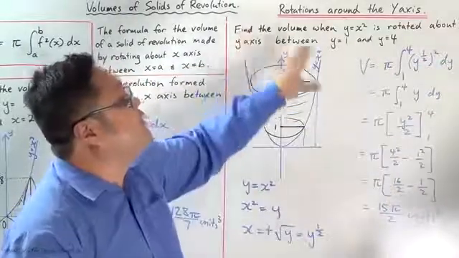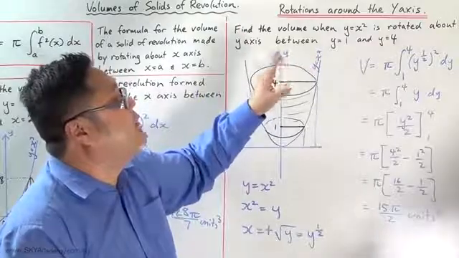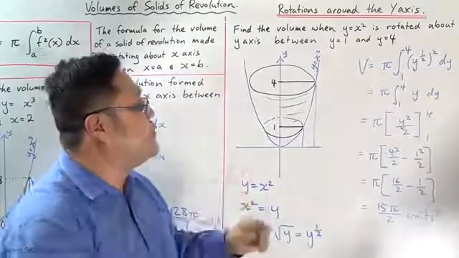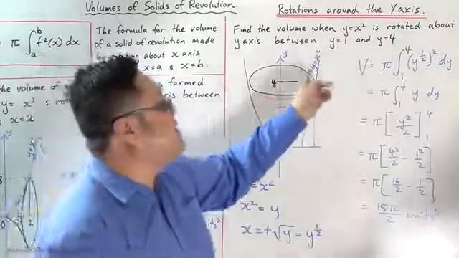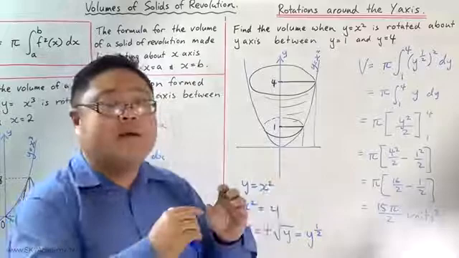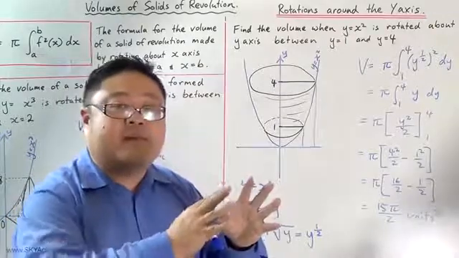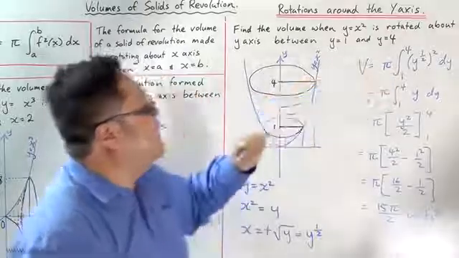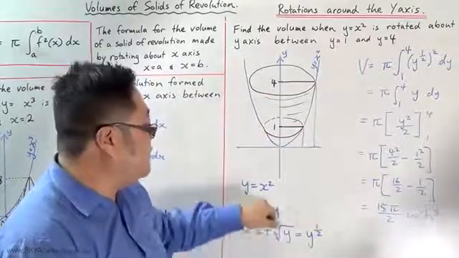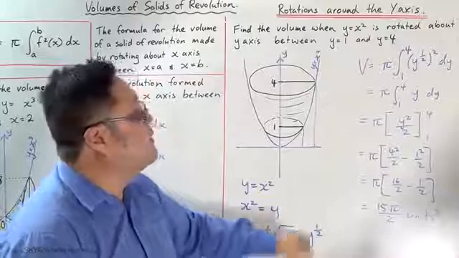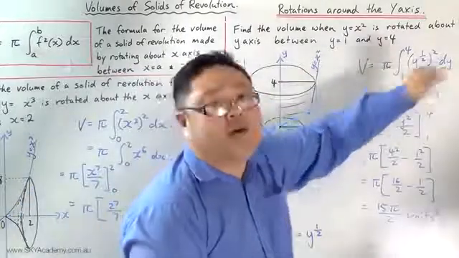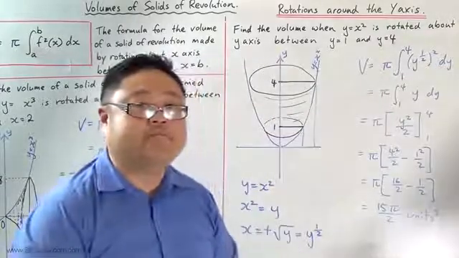And when you're rotating around the y-axis, the other thing to remember is you need to express that function making x the subject of the formula in terms of y, like we did here, and also change the limits and integrate with respect to y as well.